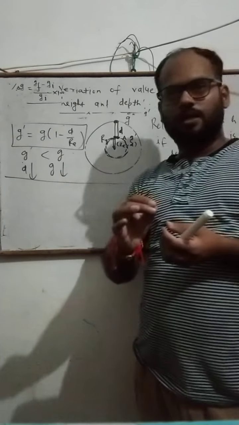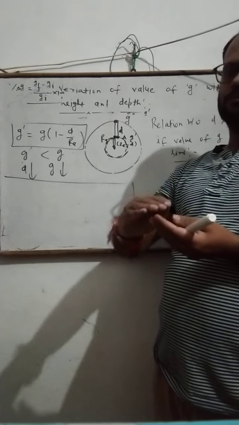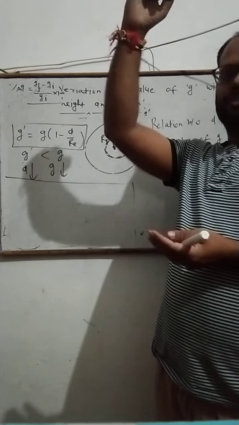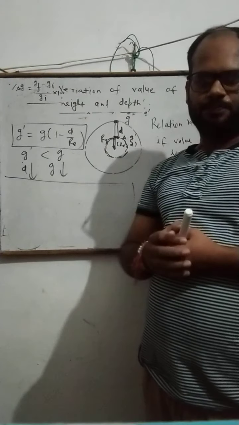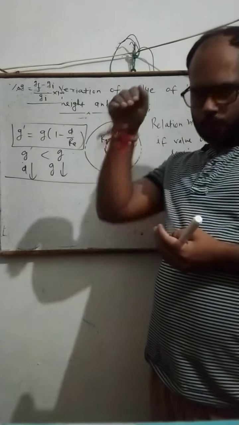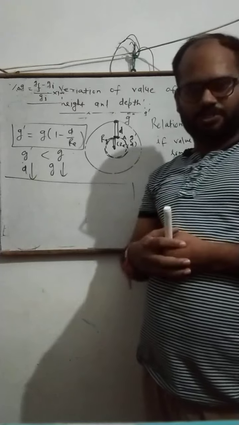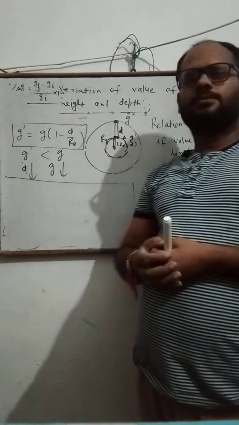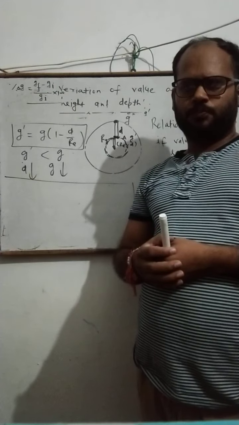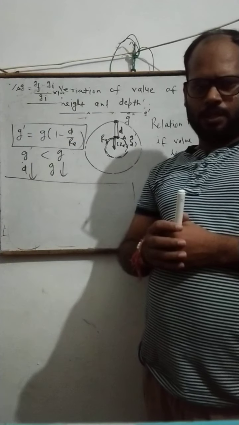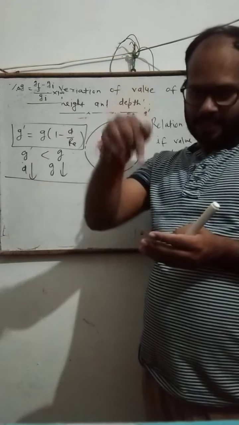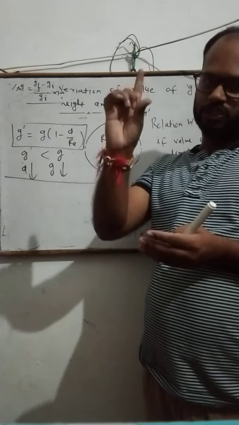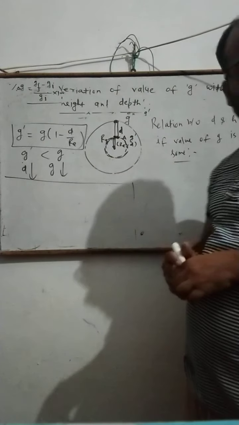Suppose you are at a certain point at a height and you have a certain value of g, and if you go down into the earth and you get the same value of g, then the relation between d down in the earth and h can be found out here.